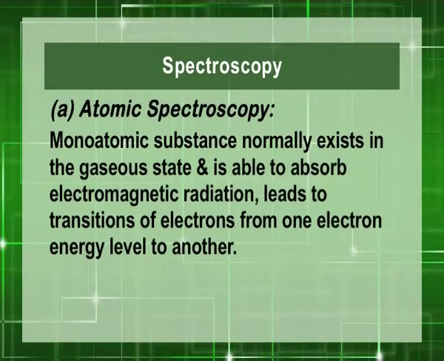A monoatomic substance normally exists in the gaseous state and is able to absorb electromagnetic radiation, which leads to transition of electrons from one electron energy level to another.